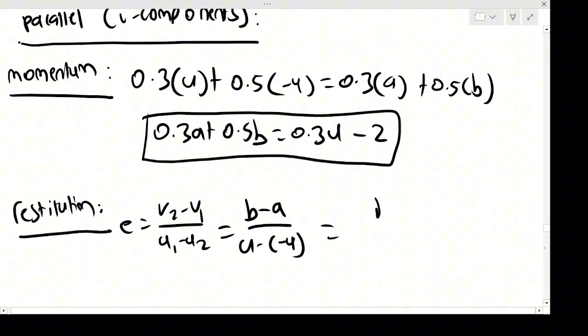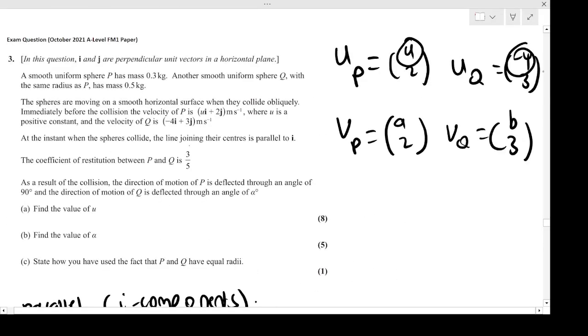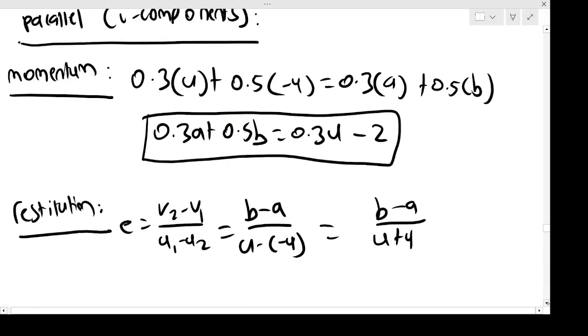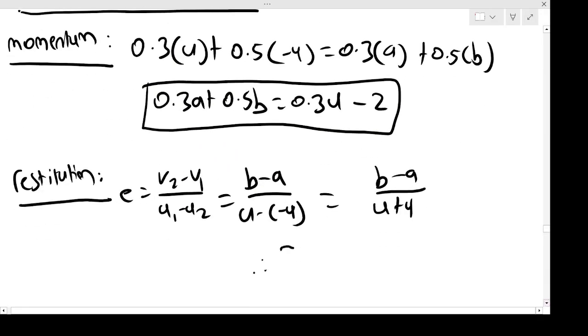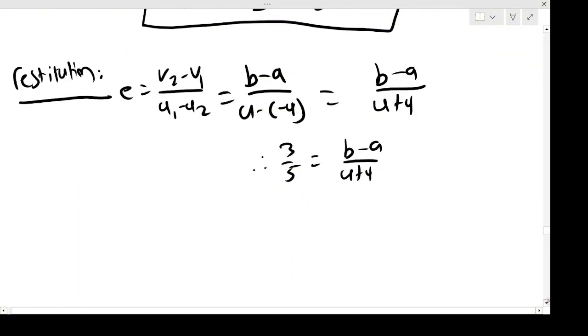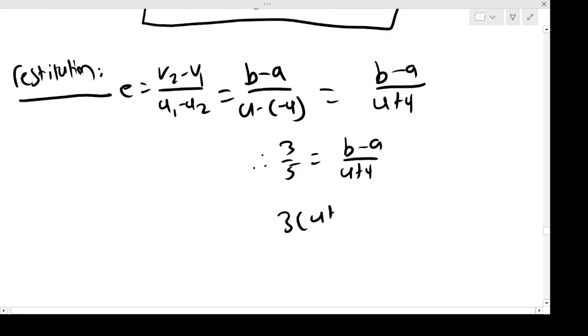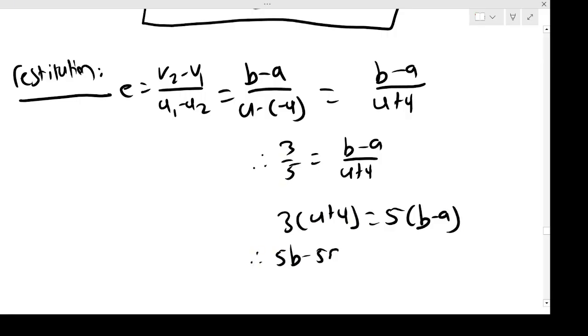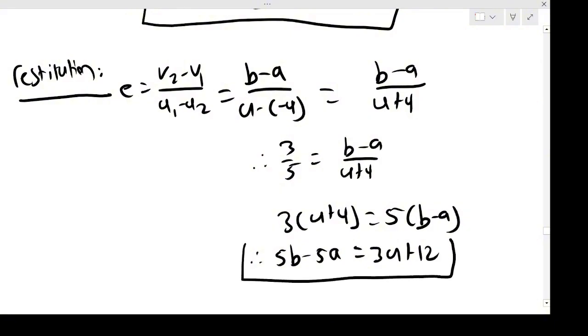So that will simplify to B minus A over U plus 4. Now I am also told again that E is 3 over 5. So 3 over 5 is equal to B minus A over U plus 4. If I cross multiply, I'm going to get 3 lots of U plus 4 to be 5 lots of B minus A. Expanding this, I get 5B minus 5A is 3U plus 12. And that's my second equation there.